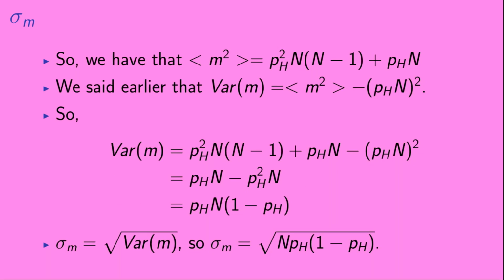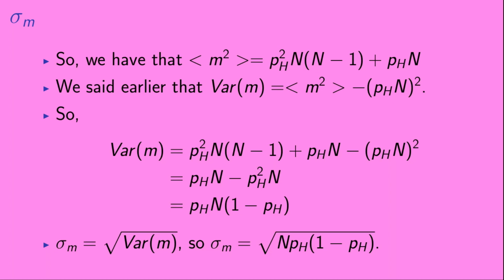Okay, so we have that the mean value of m squared is equal to ph squared n times n minus 1 plus phn. We said earlier that the variance of m was equal to the mean value of m squared minus phn squared.